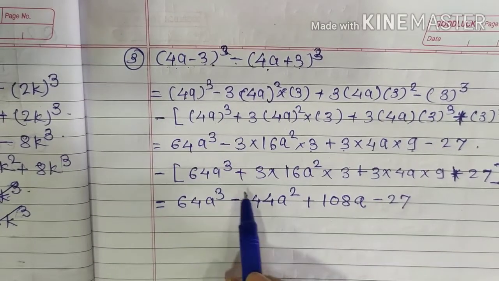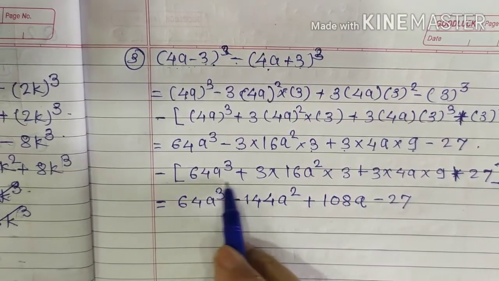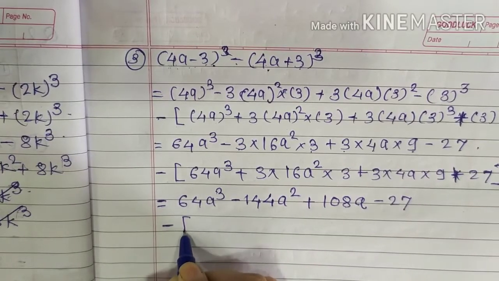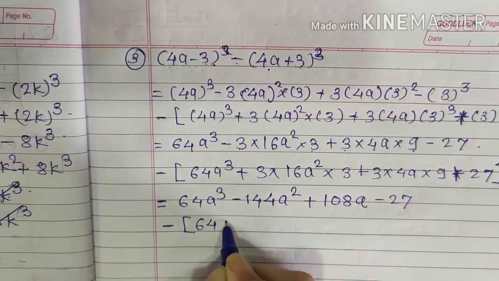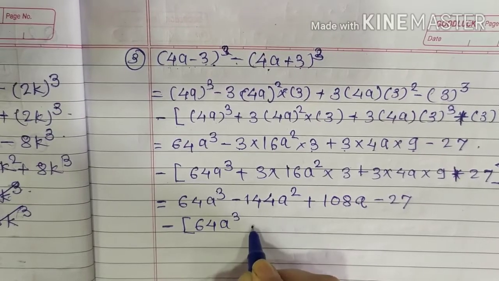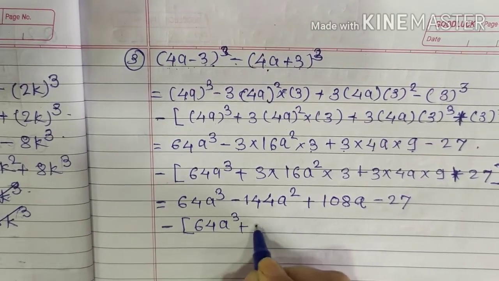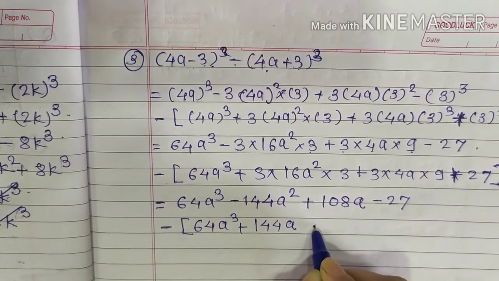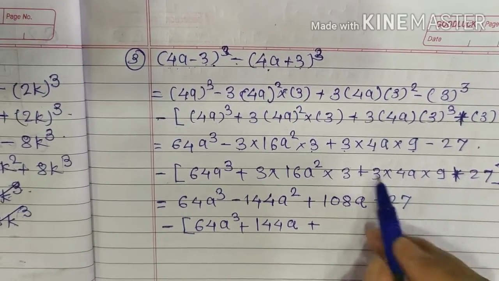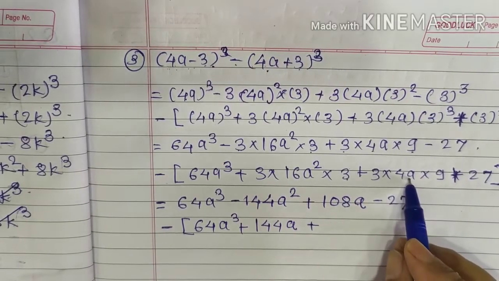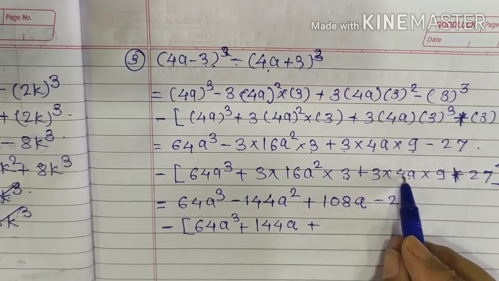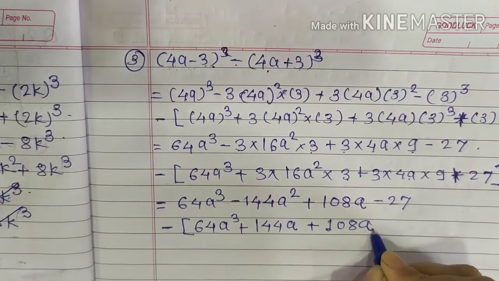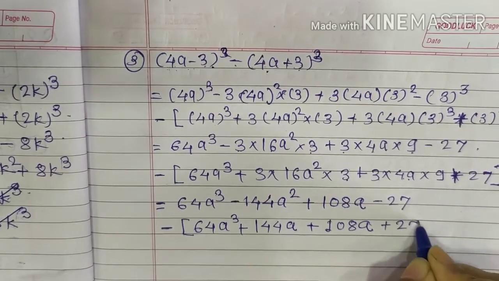Then make here also the multiplication. Minus 64a cube plus 144a square, here also plus 3 into 4a into 9, that is 108a, plus 27.